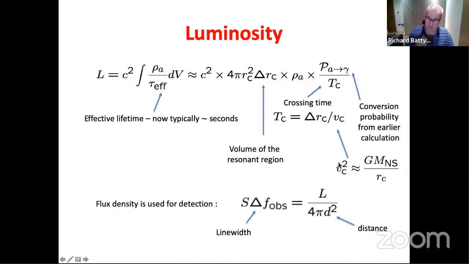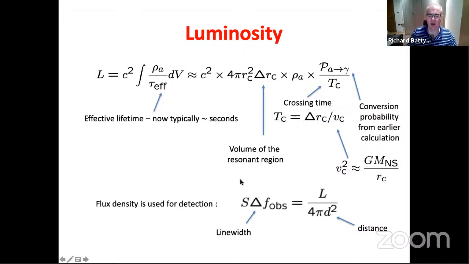The axions are presumed to have fallen into the potential well of the neutron star and gained a velocity related to the mass of the neutron star.